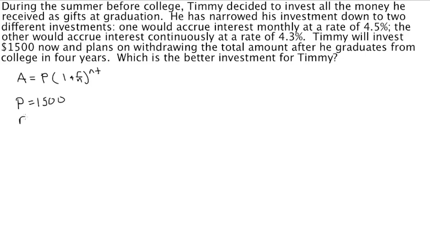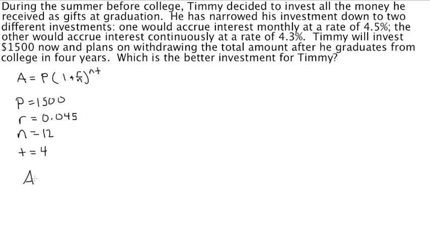Our r is 4.5%. A silly thing, but don't forget to do it: write it as a decimal. So 4.5% would be 0.045. Our n, interest is compounded monthly, so it's going to be compounded 12 times per year, and then we're told that he's going to invest this for 4 years, so t will be 4.